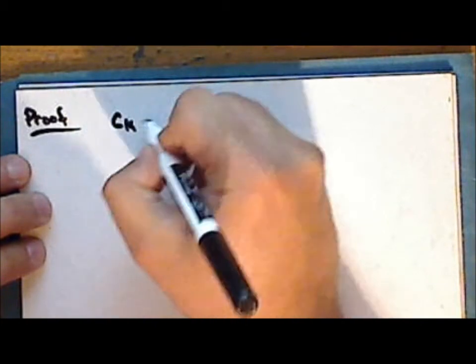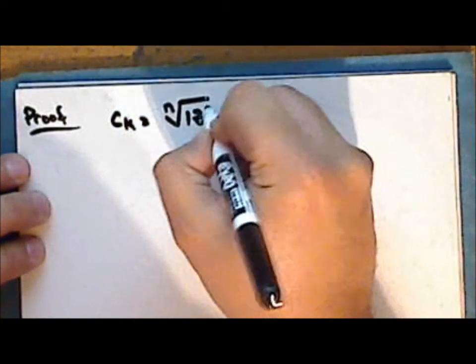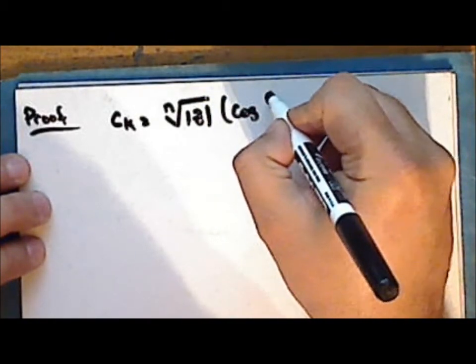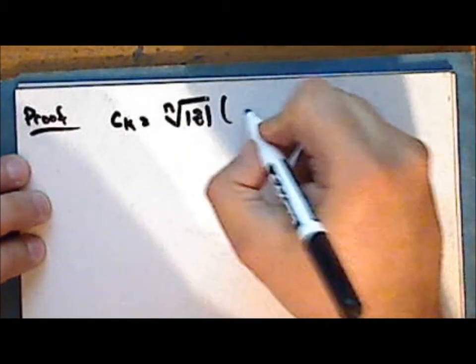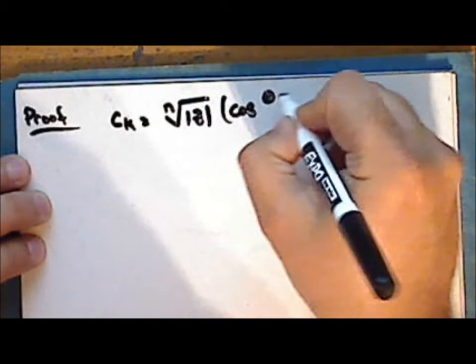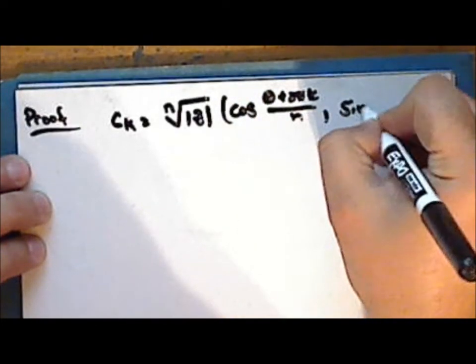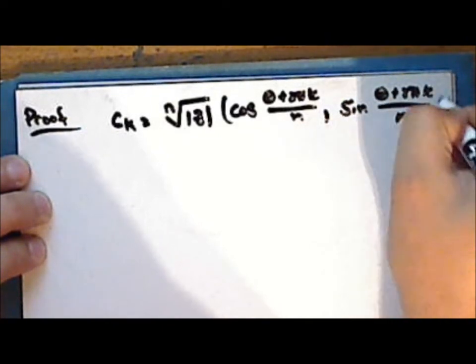So the formula c sub k, once again, is the nth root of the modulus of z times the ordered pair cosine of (theta plus 2 pi k) divided by n, sine of (theta plus 2 pi k) divided by n.